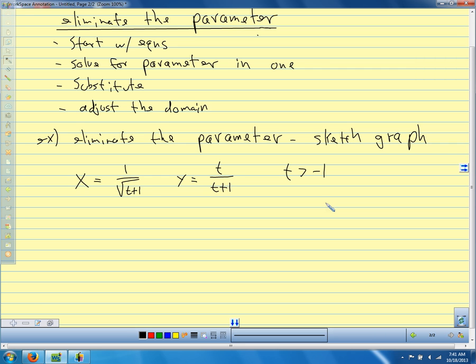So looking at this set of parametric equations, I wouldn't know, just looking at this, what kind of curve this describes. We want to sketch a graph, so we're going to eliminate this parameter. So looking at these, anybody have an idea how we could proceed? How would we eliminate a parameter?